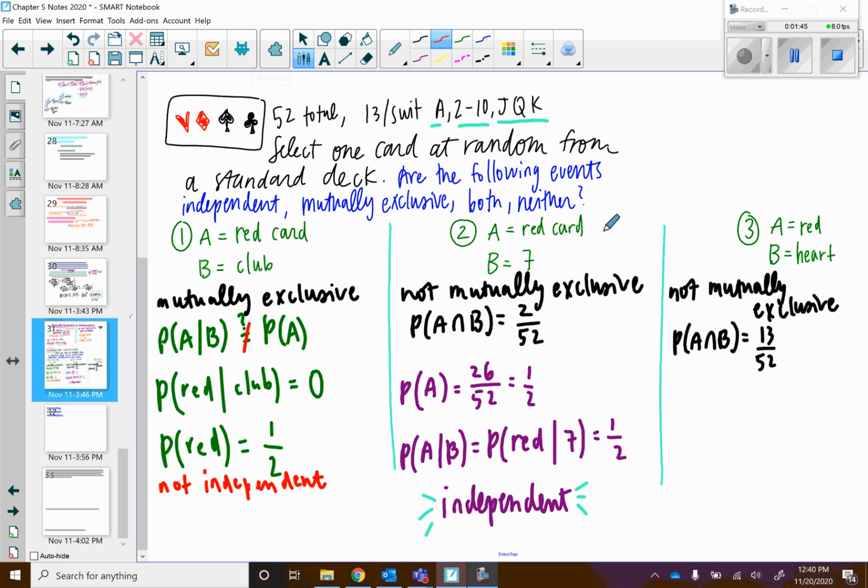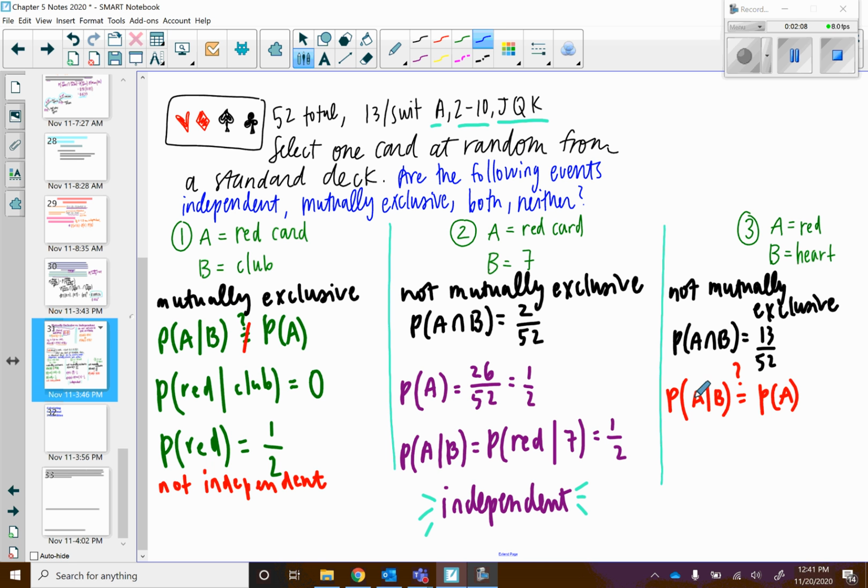Then if we look over at example 3, our events are red and heart. So again, we're going to compare whatever probabilities we want, really. So let's say we compare the probability of A given B. We want to see, is this equal to just the probability of A?